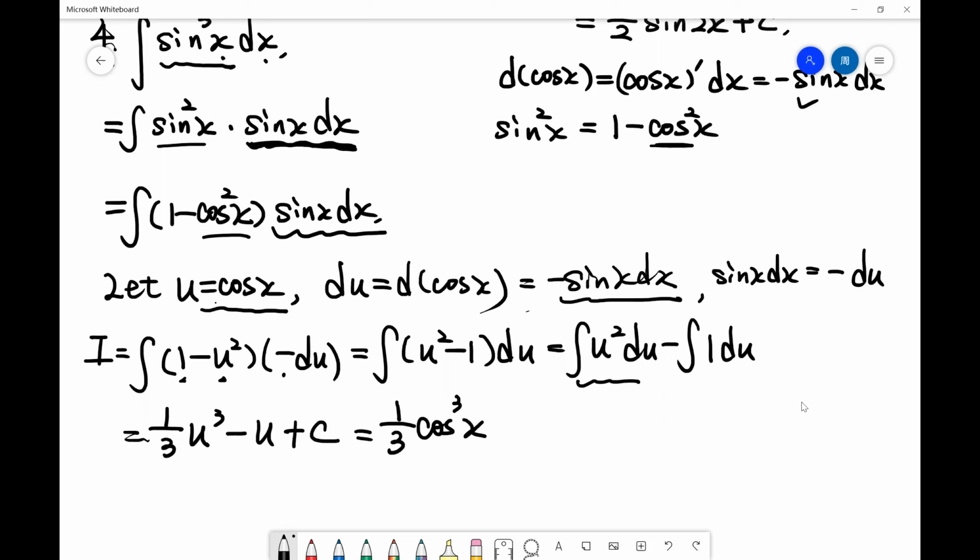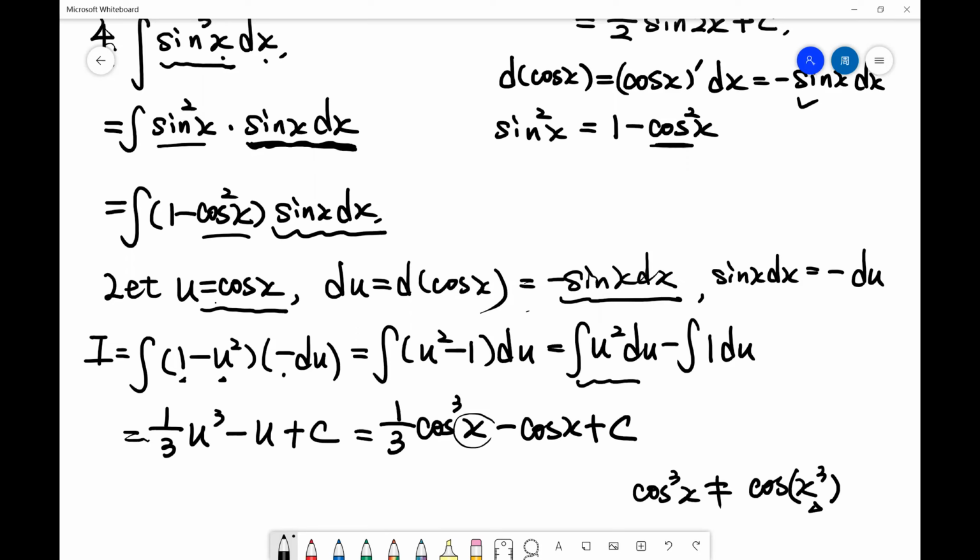Okay, here the 3 should be right here, not after x. Because we have talked about cosine x power 3 meaning cosine x to the power of 3, and cosine x power 3 meaning the function inside cosine is x power 3. They are totally different. So here you should write the power 3 here, and then minus cosine x, and then plus c here.